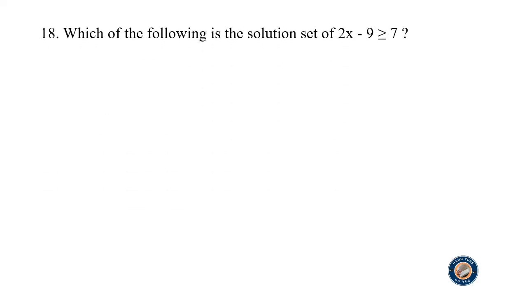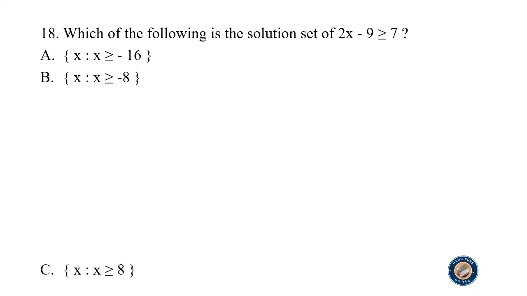Question number 18. Which of the following is the solution set of 2x minus 9 greater than or equal to 7? A. X such that x is greater than or equal to minus 16. B. X such that x is greater than or equal to minus 8.